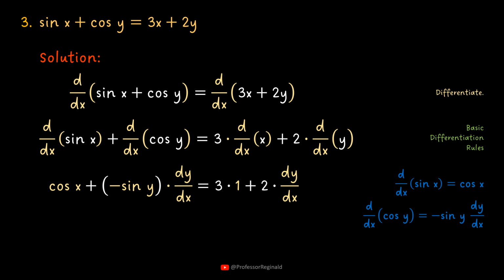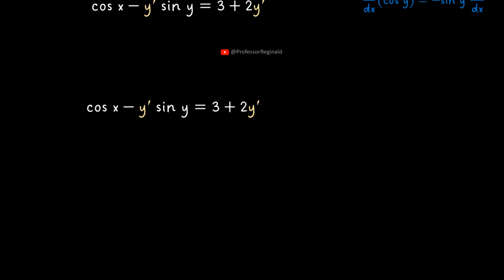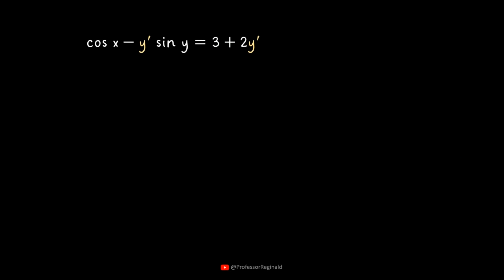Replace dy dx with y prime for convenience. Then solve for y prime. Group the terms with y prime on one side and the remaining terms on the other side.